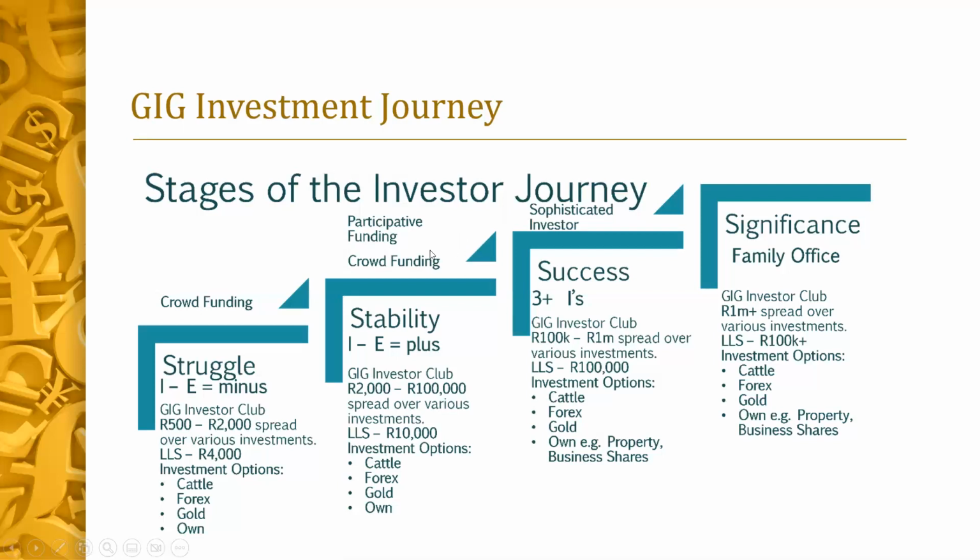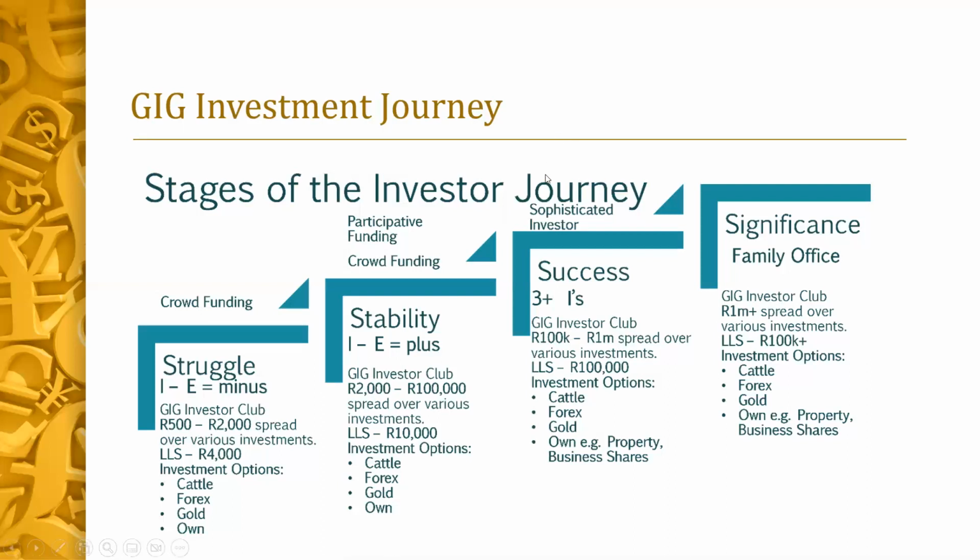Then ultimately, well, not ultimately, the third phase is success, where you have 3 or more income streams. You have between 100,000 and 1 million spread over various investments. You have at least 100,000 available in loan-linked share that you can gear up to 300,000 if you see the right investment opportunity.